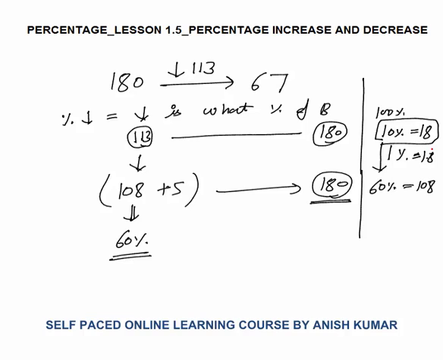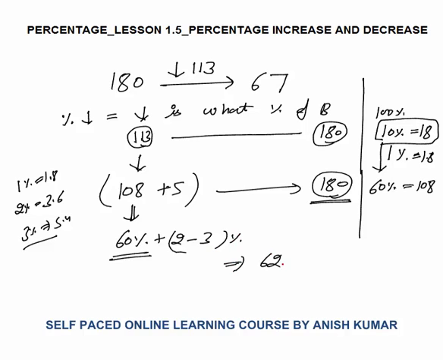So this 5 is between 2 and 3%. So answer would be 62 to 63%. And whichever is the nearest answer, you have to take that answer.